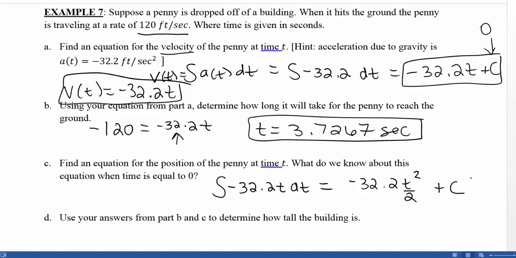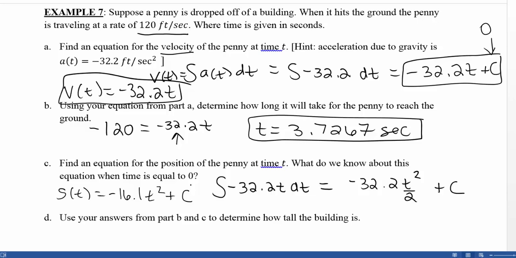So 32.2 divided by 2. We'll call the position s of t, because that's generally the convention for position. Half of negative 32.2 gives me negative 16.1t squared plus c. So that's my position equation. The other part of this question is, what do we know about this equation when time is equal to 0?